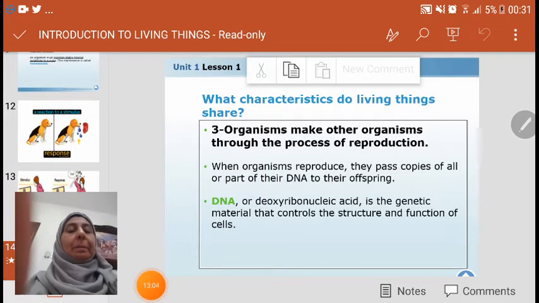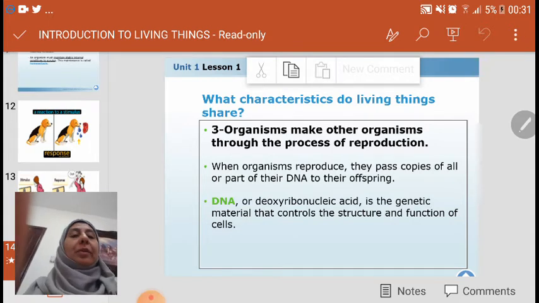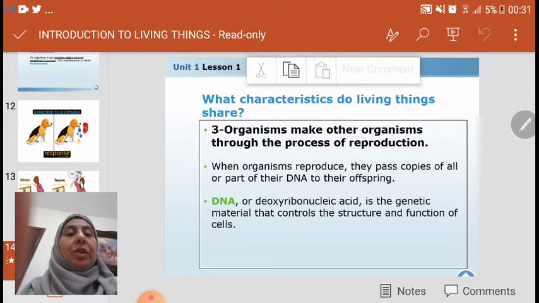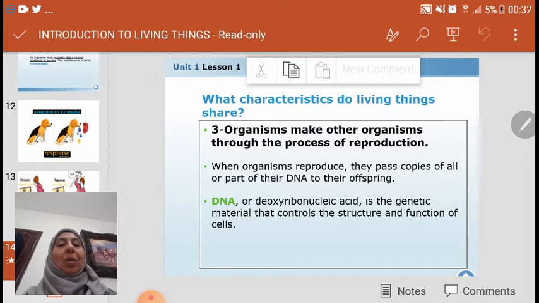In the next part of the lesson, in the next period, we are going to talk about the third characteristic, which is reproduction. All organisms reproduce, and before talking about reproduction, we have to have a look at the DNA. What is the DNA?